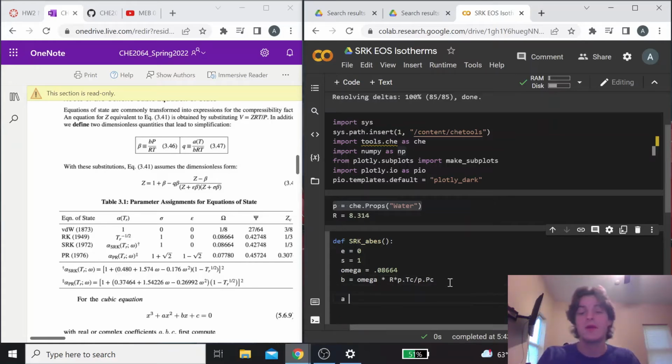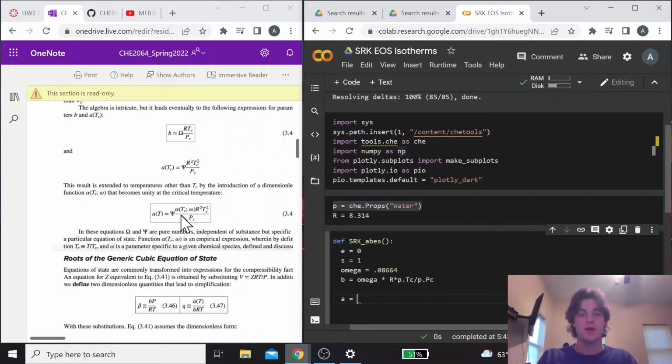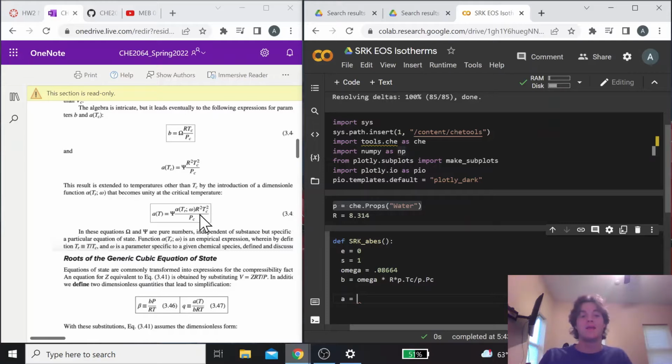Okay, now we have B, epsilon, and sigma. What's left is A. I left A for last because it has the longest equation. It is the Greek letter psi times function alpha, which depends on the reduced temperature and little omega, the eccentric factor, and then it's R, gas constant, squared times the critical temperature squared over the critical pressure.